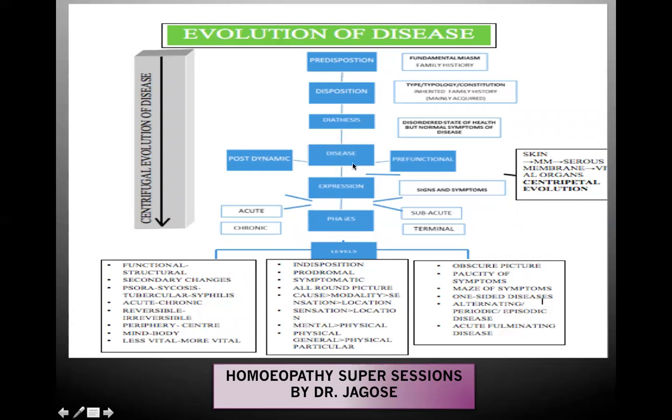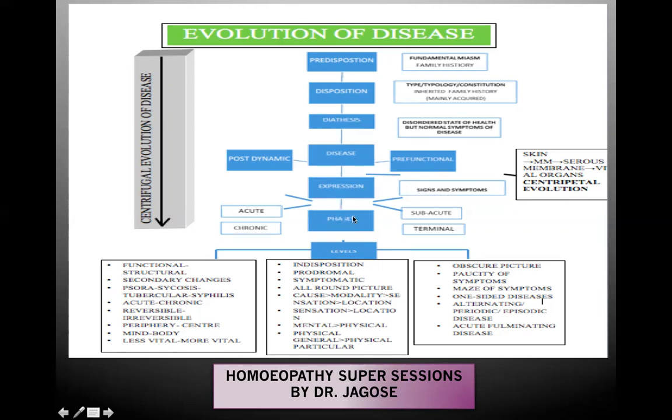Now, the disease goes through many phases. It can go to the pre-functional phase, functional phase, structural phase, post-dynamic. Then the expressions are seen, that is nothing but the signs and symptoms.